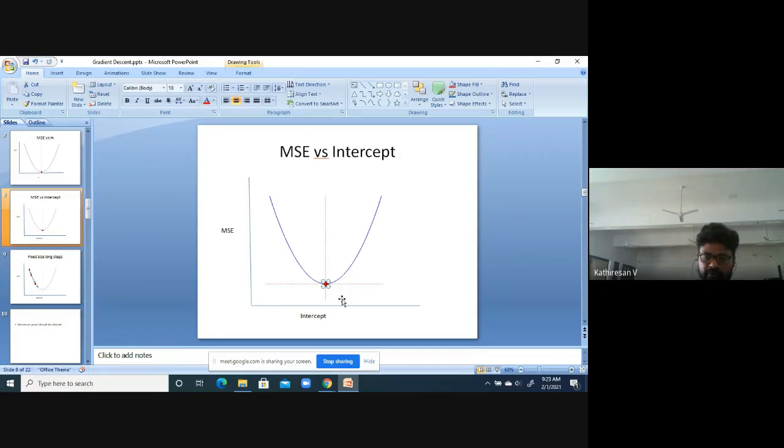Then it will get increased, and it is reaching a maximum value. So this is the relationship between mean square error and intercept. I hope you can understand how it is represented.